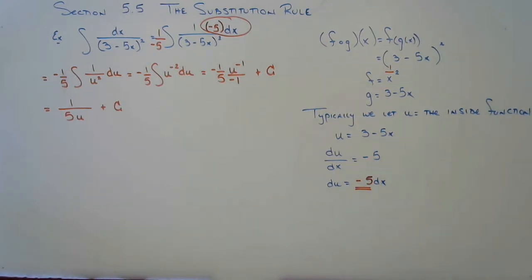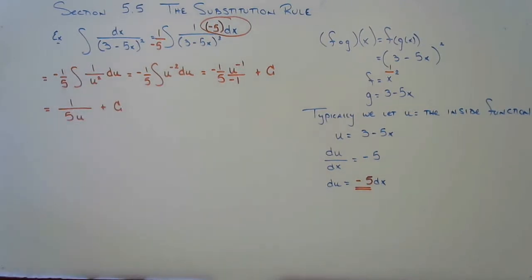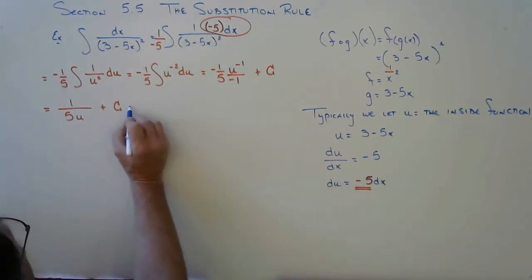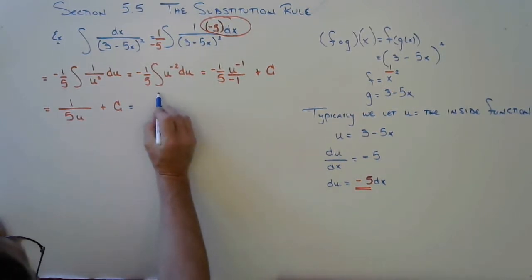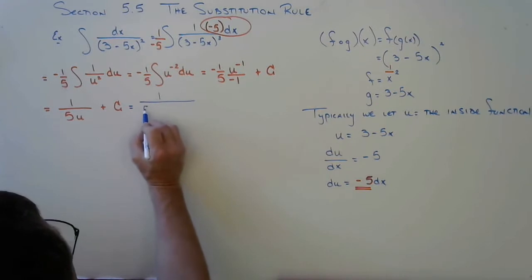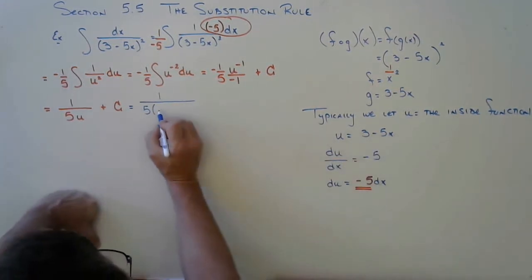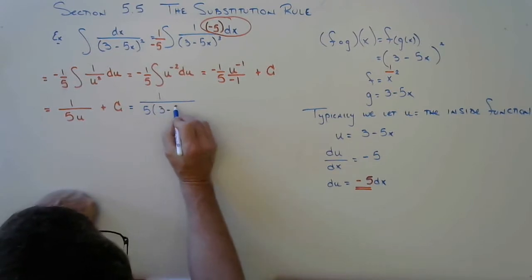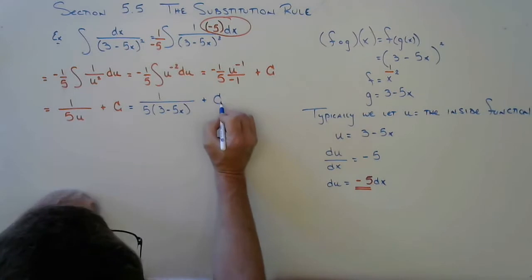This answer is in terms of u and our original problem is in terms of x. So we are going to go back and resubstitute who we know to be u. That's going to get us 1 over 5 times, and who is u? U is 3 minus 5x, plus c.